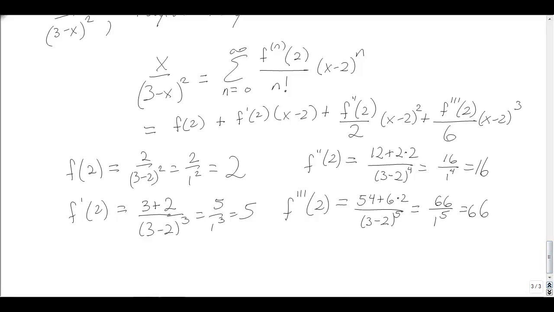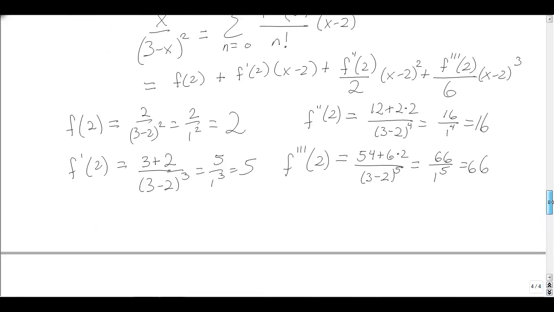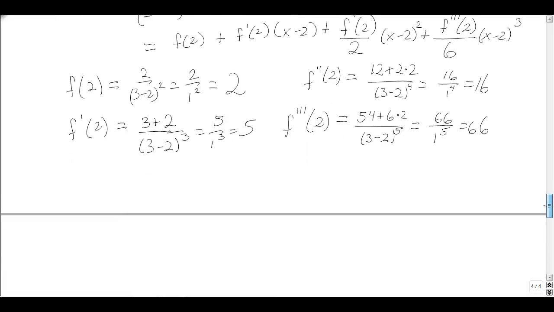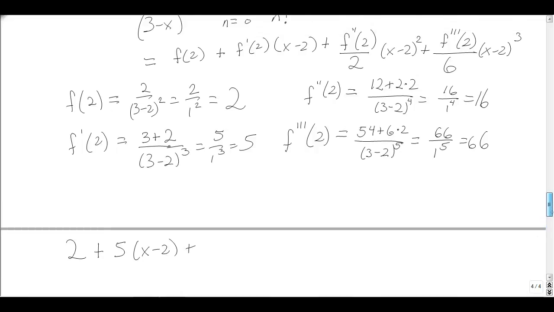All right, so what that means, putting this all together, is that our Taylor polynomial of order 3 is f of 2, that's 2, plus f prime of 2, that's 5, times x minus 2, plus f double prime of 2, that's 16, divided by 2 factorial, which is 2, times x minus 2 squared, plus f triple prime of 2, that's 66, divided by 3 factorial, which is 6, times x minus 2 cubed.